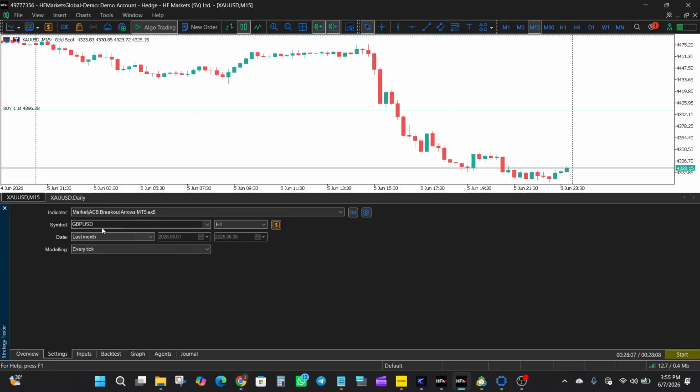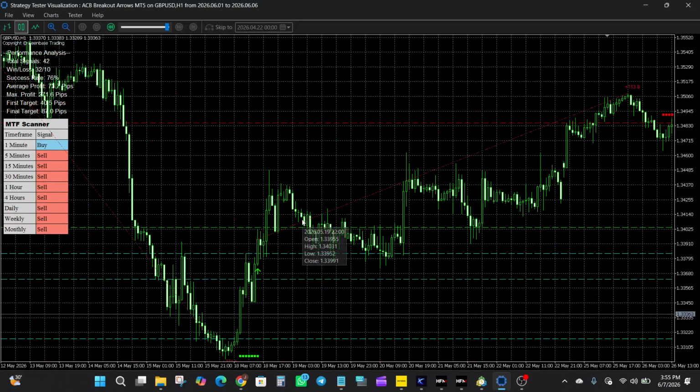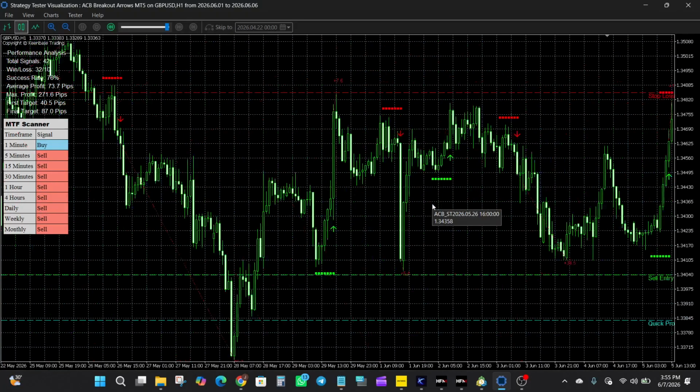So the backtest was run on the GBPUSD symbol on H1 time frame over just the past month with every tick modeling. And based on the information that we have already seen on the marketplace page, and what we have here on the chart, we can see how the indicator functions.